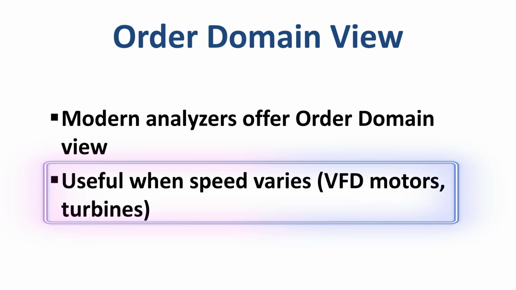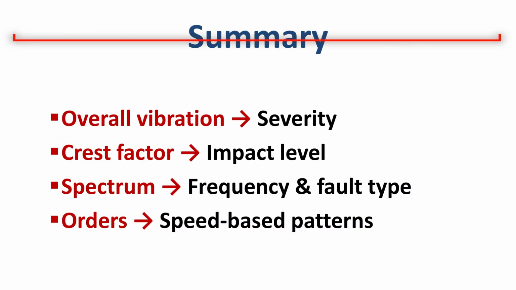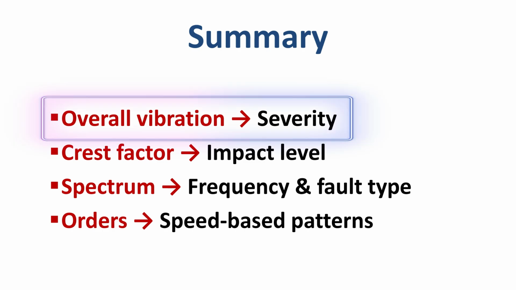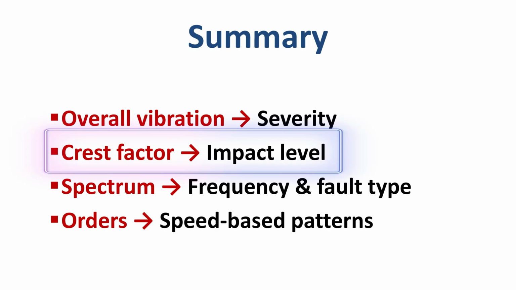So let's summarize the overall things that we have discussed in today's video. First we discussed overall vibration, which tells us the total severity of the vibration, right? Second, we understood the crest factor, which tells us whether the spectrum or the time waveform or the machine is having more impacts, or is spiky.